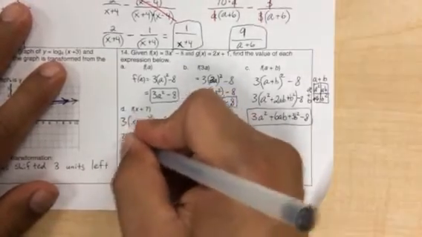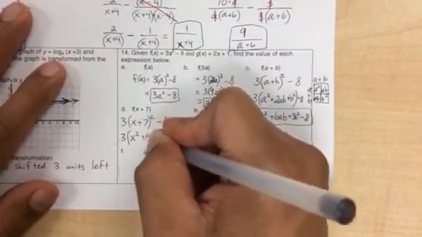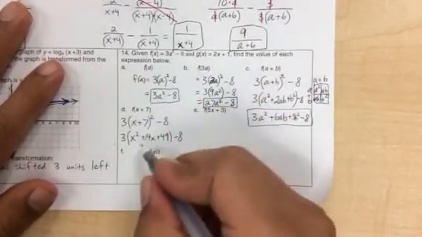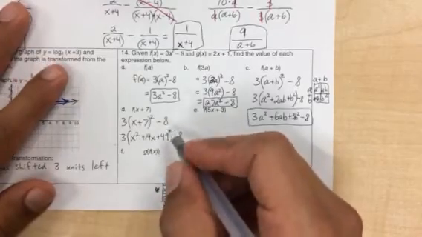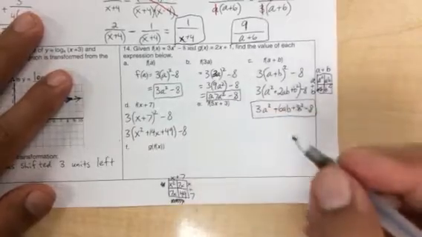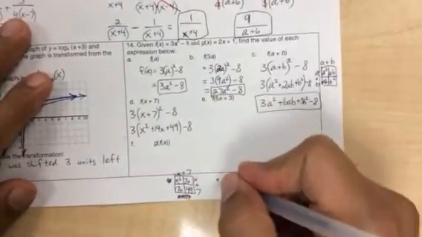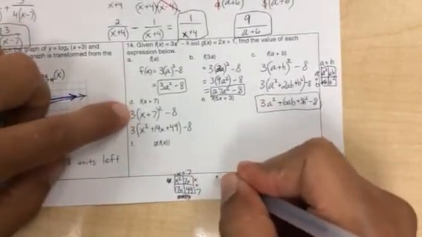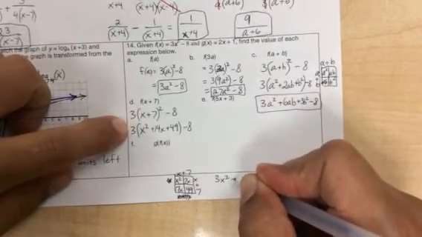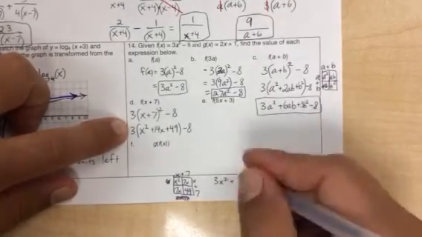So this becomes 3 times x squared plus 14x plus 49 minus 8. And when you distribute the 3 and subtract 8, let me continue down here. So letter D, I'm going to continue down here. So we're going to distribute the 3, so that's going to become 3x squared plus 3 times 14, that's 30 and 12, so that's going to be 42x.